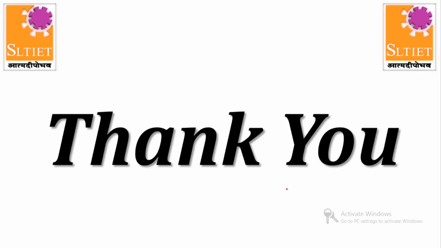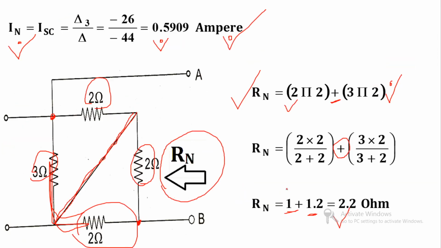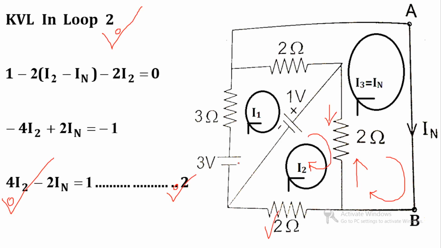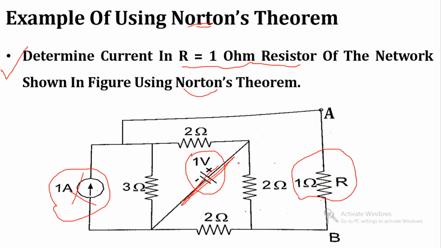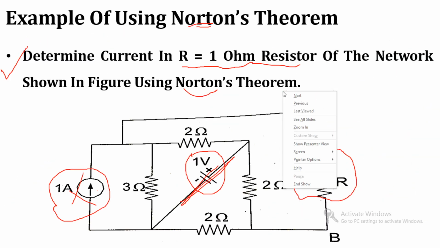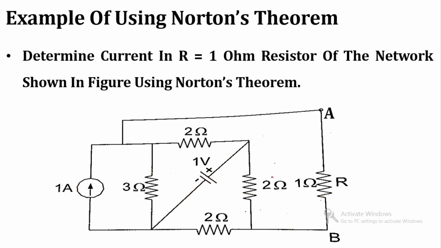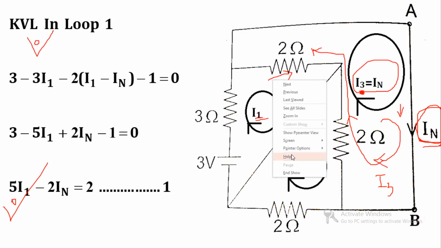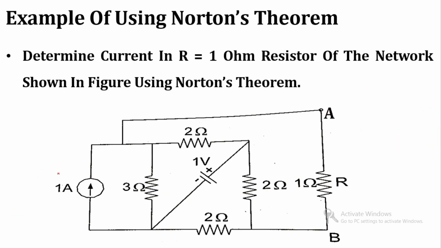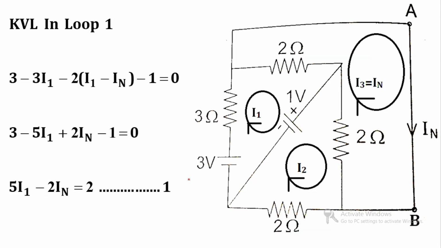Thank you very much. One thing that I mentioned in our first step, let me clarify. Here, this current source and parallel resistance, I have replaced with a voltage source with series resistance.